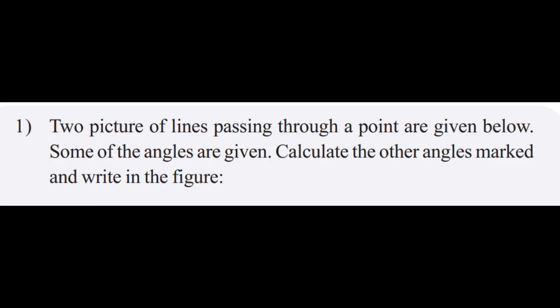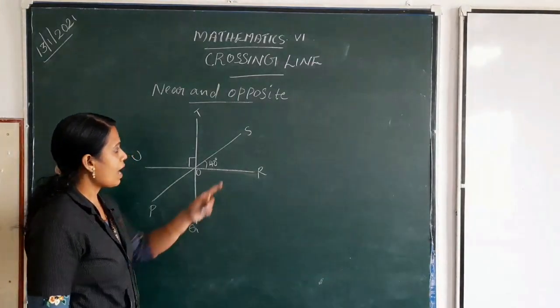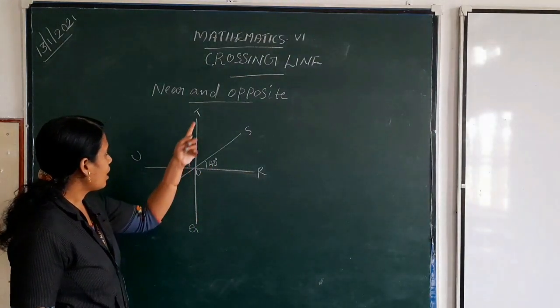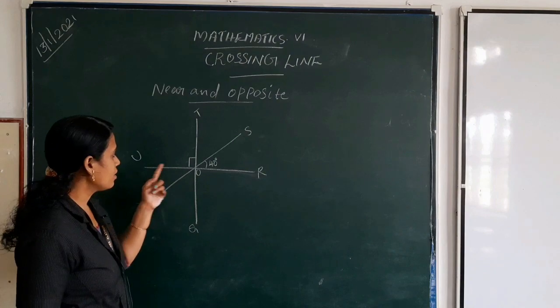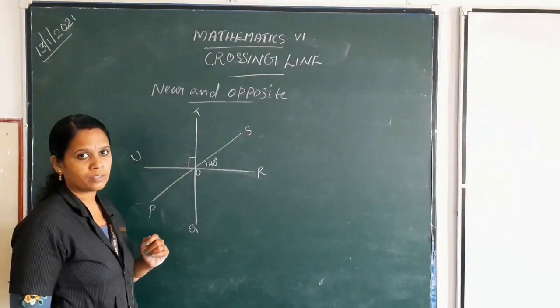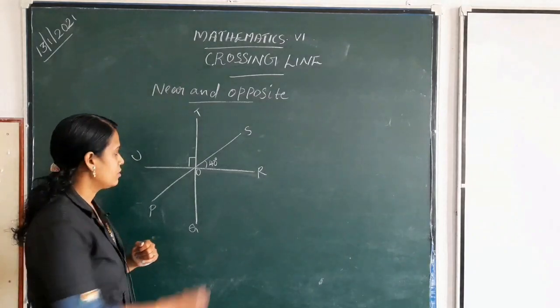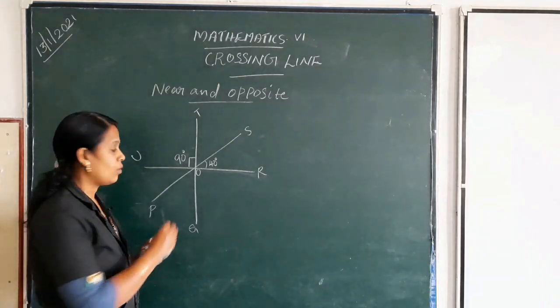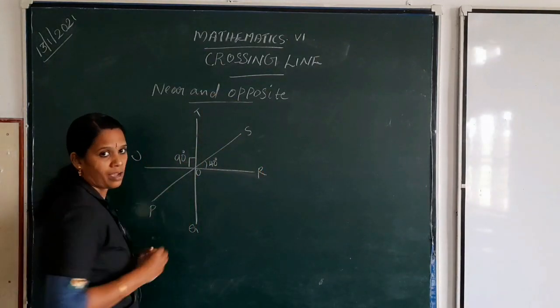Here question is, the pictures of lines passing through a point are given below. Some of the angles are given. Calculate the other angles marked and write in the figure. Here angle SOR 40 degree, angle TOC 90 degree. This is a symbol of 90 degree angle. So we know this is 180 degree angle.